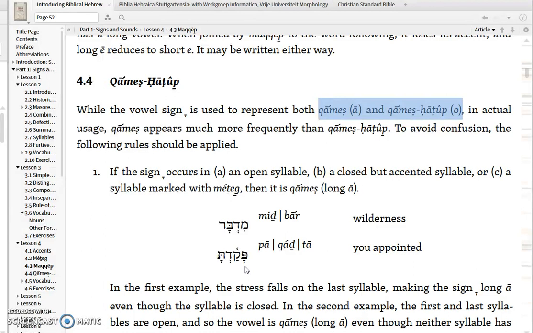Pakadta, the Kametz is under an unaccented open syllable. And an unaccented open syllable requires a long vowel, as in davar. The word davar actually shows both of these things.